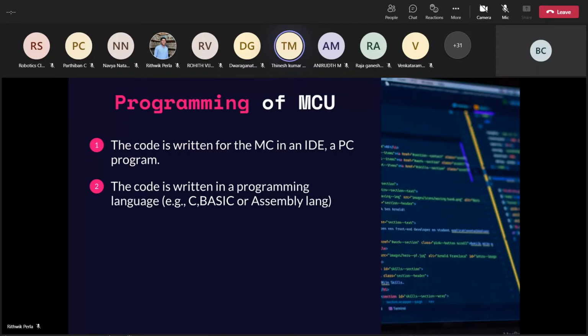What other programming languages do you think will be used for controlling a microcontroller? Do you have any idea? Any guesses? I just want to know. Other programming languages that can be used to control a microcontroller? Okay, let me tell you.